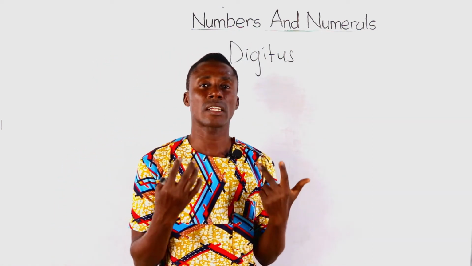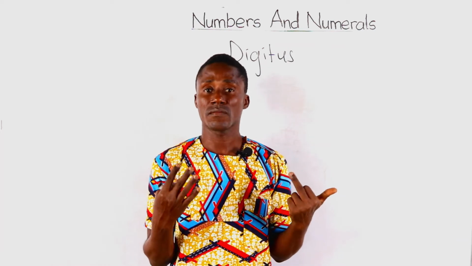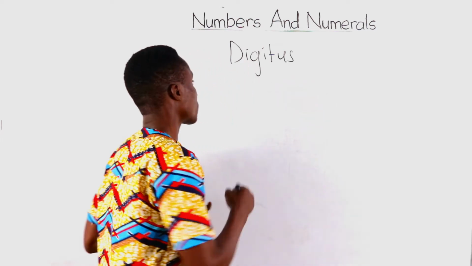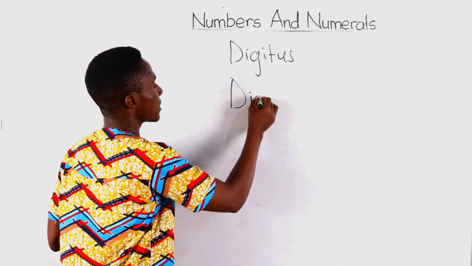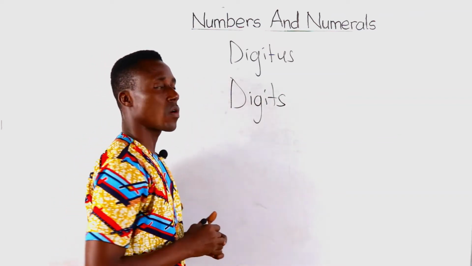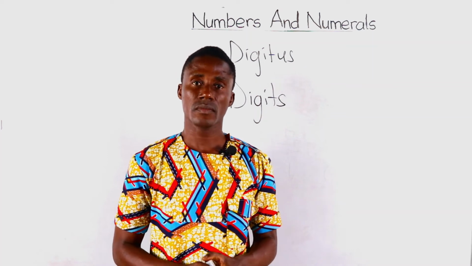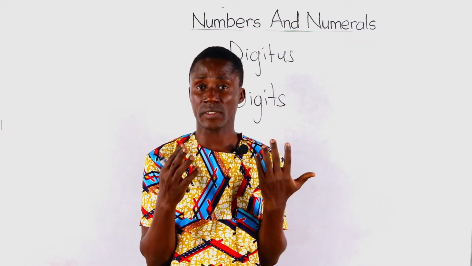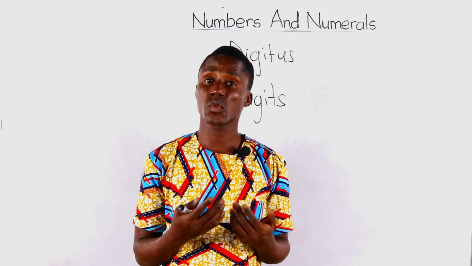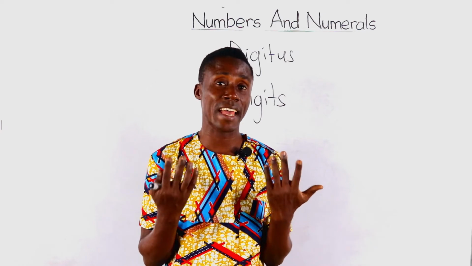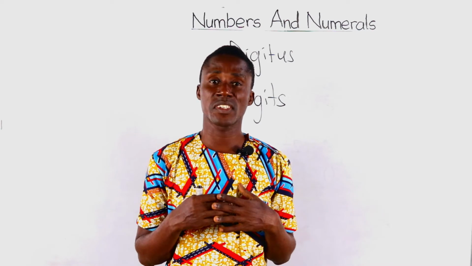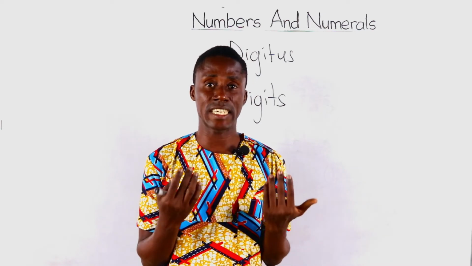The English adopted the word digitus into the English language and changed it to digit for singular and digits for plural. So we have 10 fingers that correspond to the 10 symbols that we use to stand for numbers, or the 10 numerals. And therefore, we also refer to the 10 numerals as digits.